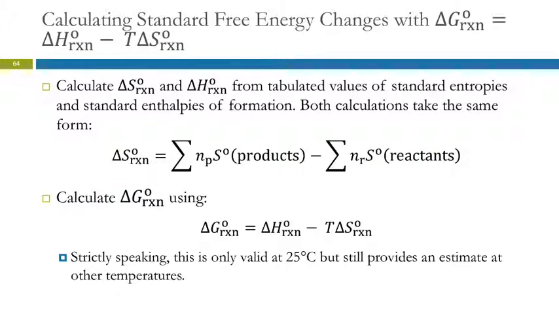You look up the standard entropies and standard enthalpies in a table, multiply by the coefficients, do a little math, and then plug them into this equation. To be fair, this is actually only valid at 25 degrees Celsius, because that's where those standard enthalpies and standard entropies have been measured, but it's still going to give us an estimate at other temperatures.